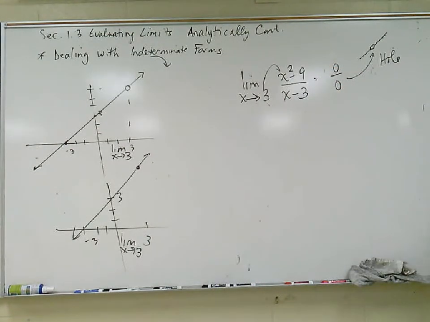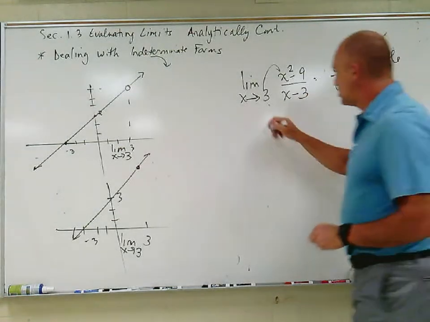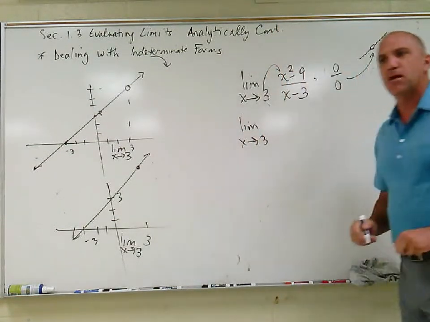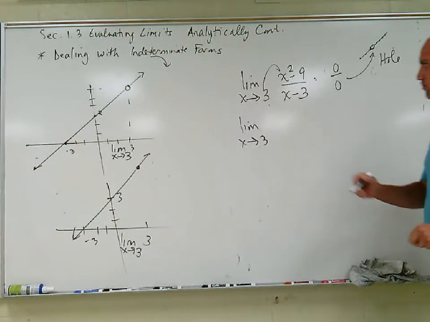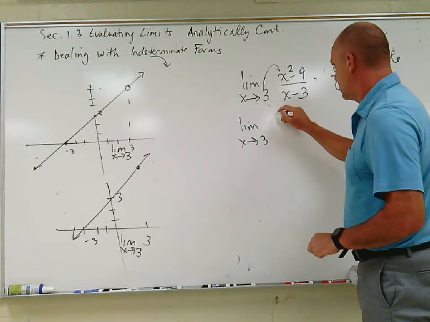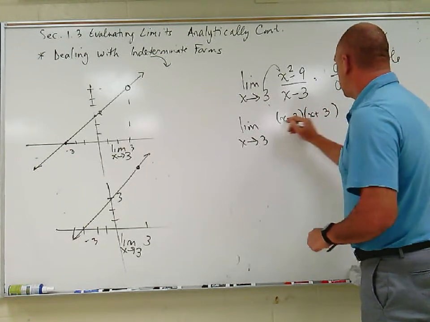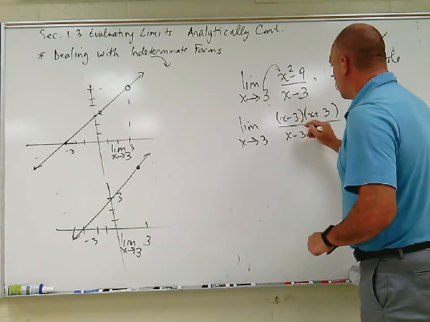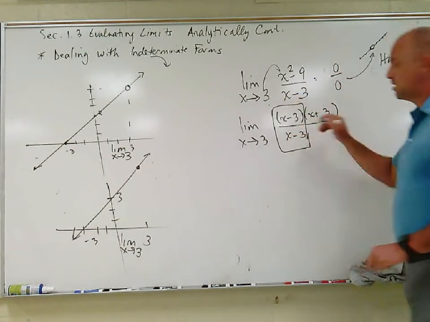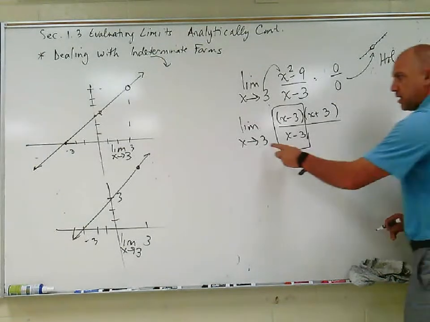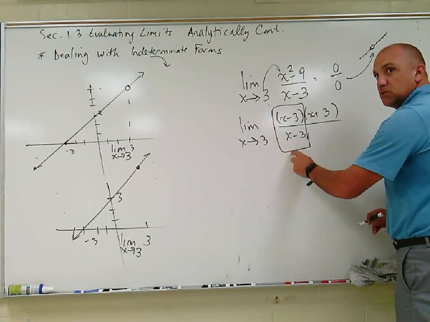If I had to point out where that hole is, I could just do direct substitution. So Naomi says, why don't we factor this? How does x squared minus 9 factor? Yep, x minus 3 times x plus 3, the difference of two squares, over x minus 3. What you notice is that's what's creating the problem, because when we sub in our 3, that's what's giving us 0 over 0.